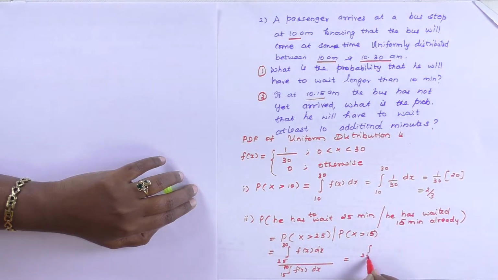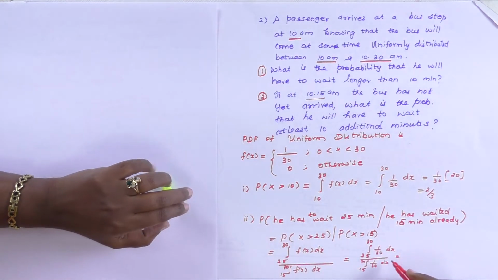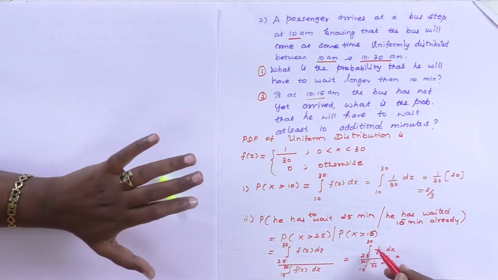That is the integral from 25 to 30, where f of x is 1 by 30. Next, 15 to 30, the function is 1 by 30 into dx. 1 by 30 is constant, you take it outside.